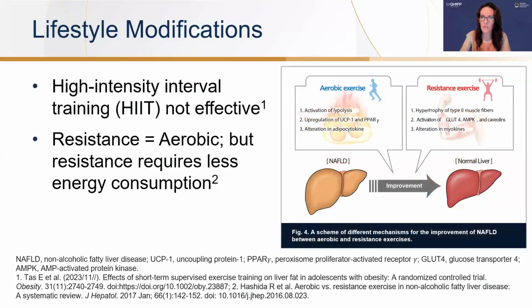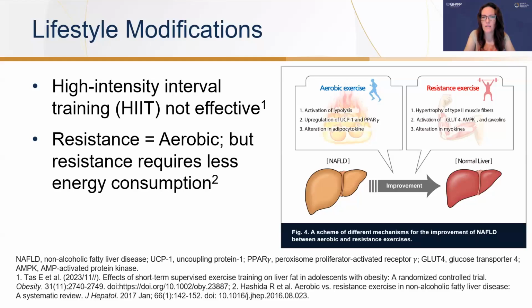So, speaking about exercise, which in addition to diet is a really important part of this. We know high intensity interval training is not as effective as other forms of exercise, but the big thing that I want everyone to take away from this slide is that you just want to try to get patients moving. If a patient's doing a lot of high intensity exercise or interval training, I wouldn't go out of my way to discourage them.